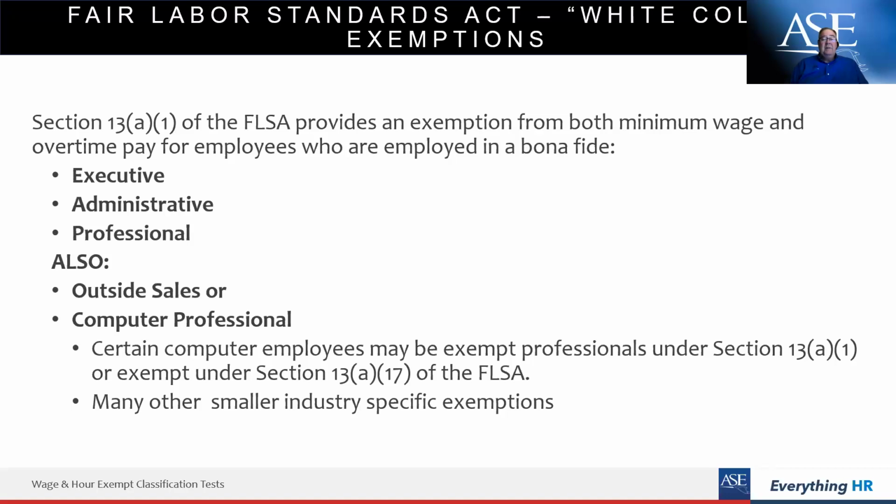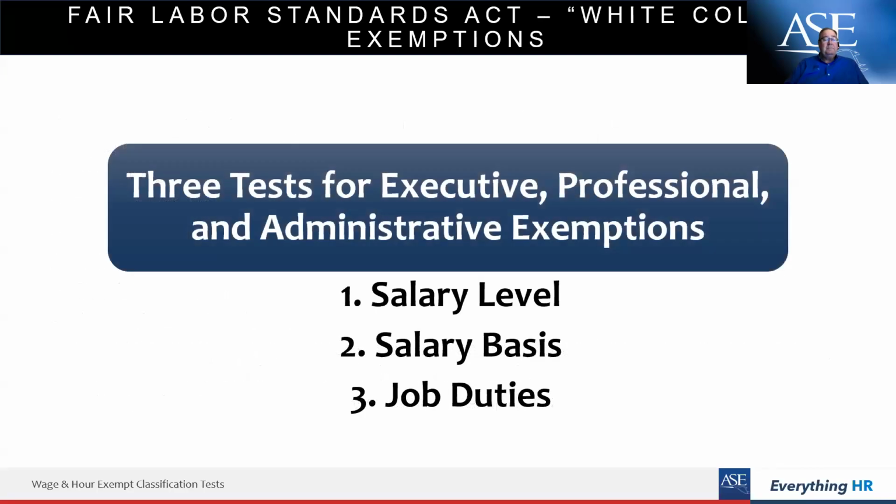It otherwise performs the responsibilities, the duties of a computer professional, and we'll look at that a little bit closer when we get to it. But I think the main set of white collar exemptions that you may be looking at are the executive, administrative, and professional exemptions.